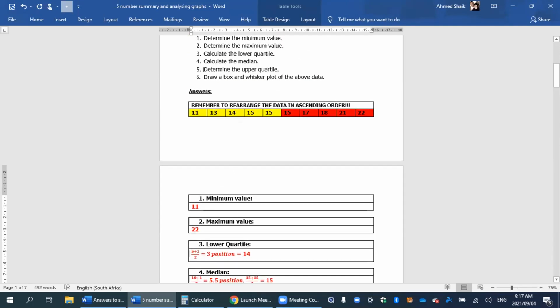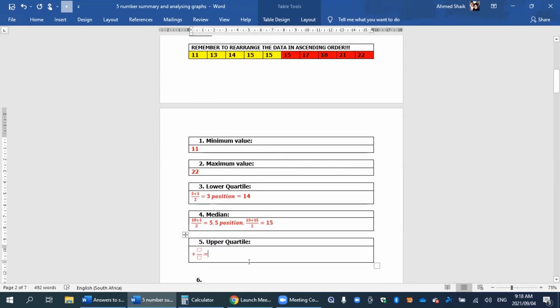Number 5 asks us to determine the upper quartile. We have 5 values in our upper half, and we have 5 values in our lower half. In order for us to calculate Q3, it's going to be the 5 from our lower half, and then the 5 plus 1 in our upper half divided by 2.